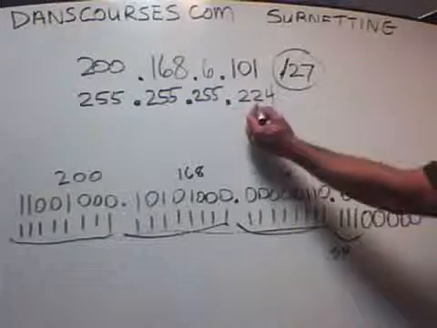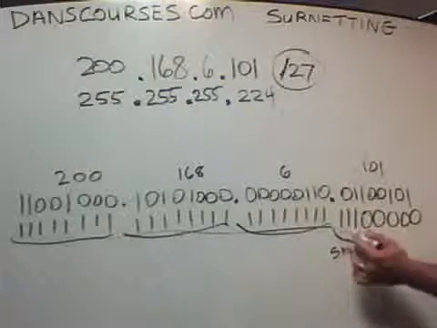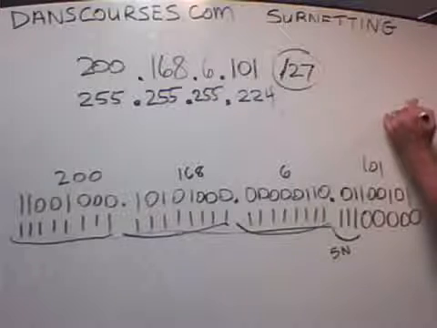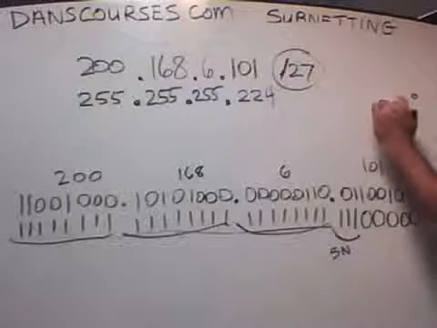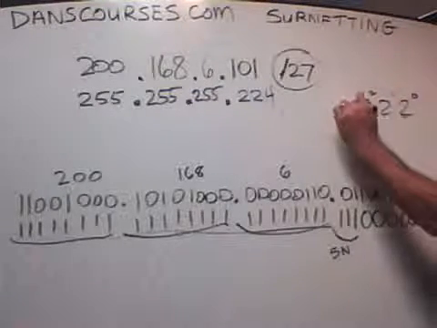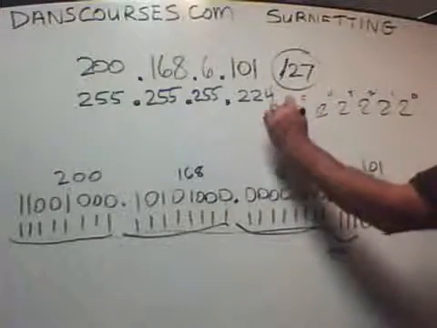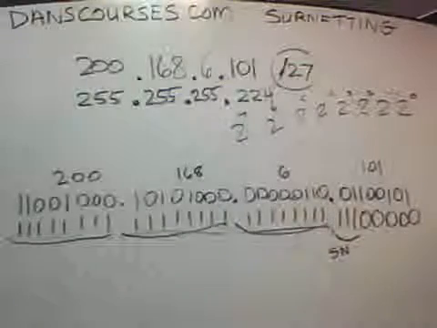And that adds up to 224 because in an 8-bit number system, 2 to the 0, 2 to the 1, 2 to the 2, 2 to the 3, 2 to the 4, 2 to the 5, 2 to the 6, and 2 to the 7th power.